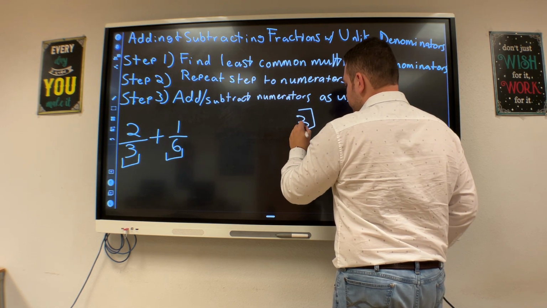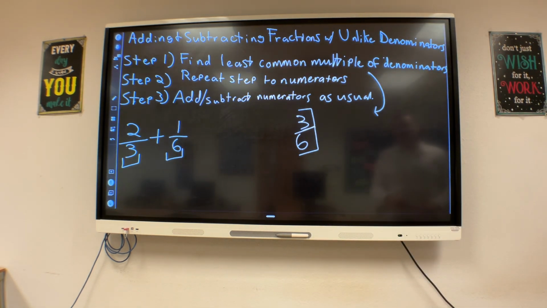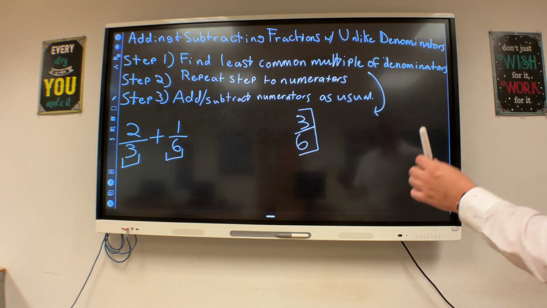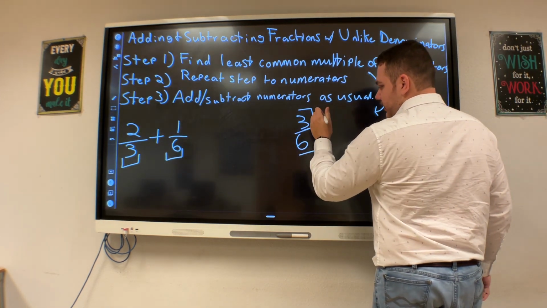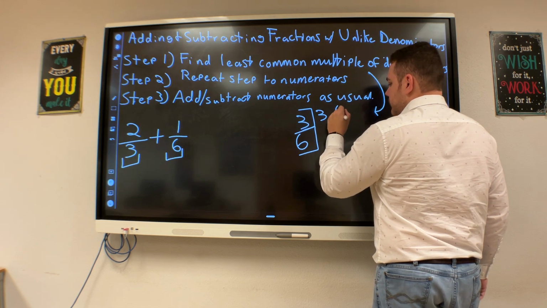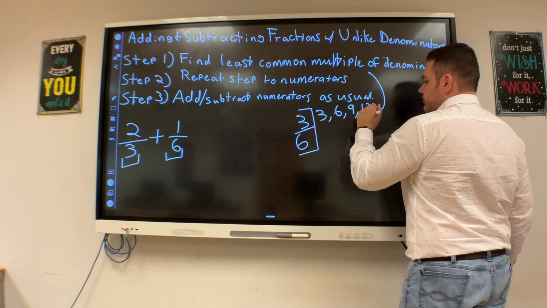Our multiples are just, for the number 3, 3 times 1 is 3, 3 times 2 is 6. And so 3 and 6 are both multiples of 3. That's just how many times it goes out. 3 times 2 is 6, times 3 is 9, times 4 is 12, okay?